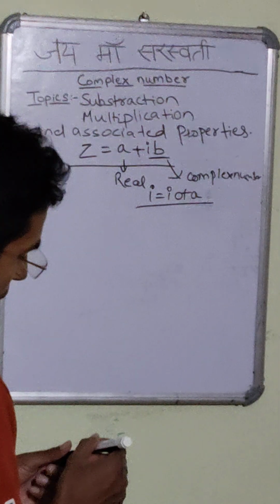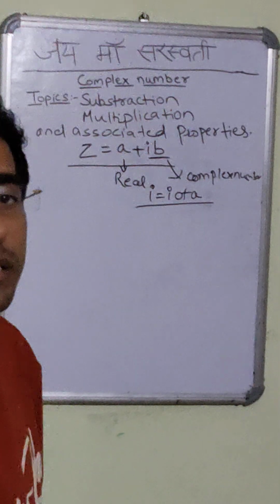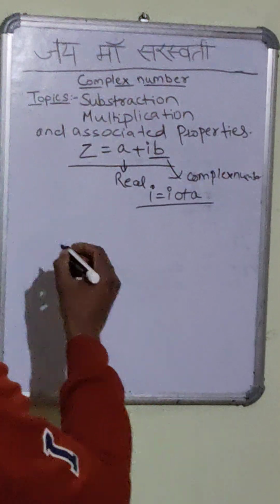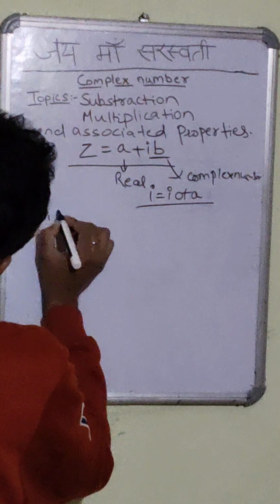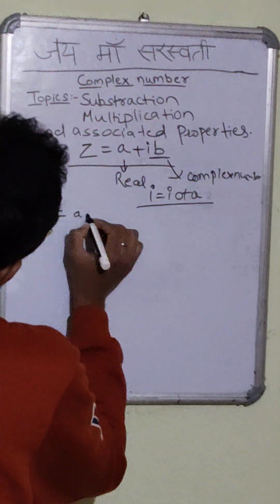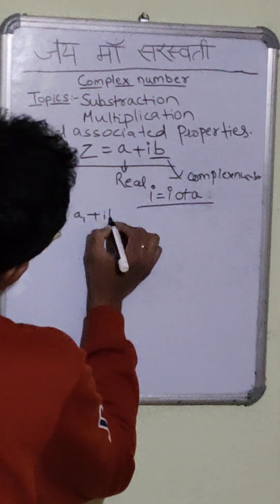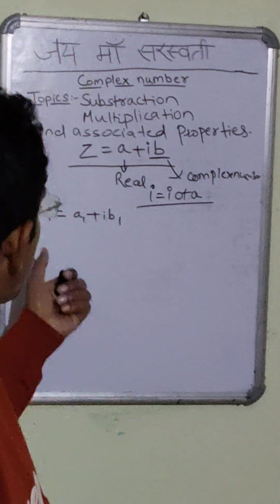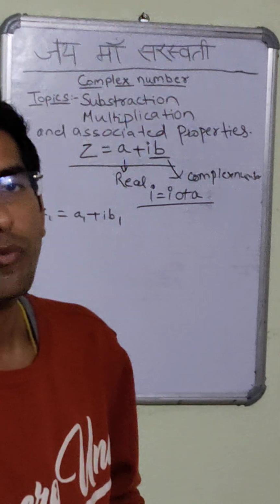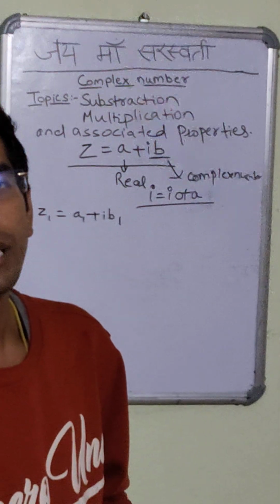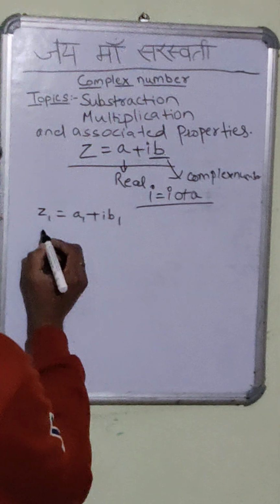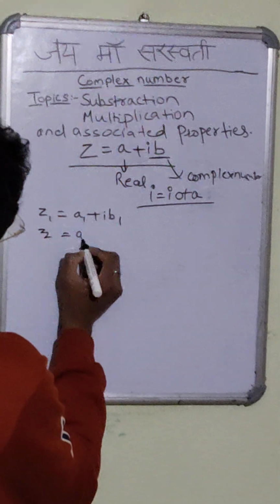If we consider the subtraction of two complex numbers, the first is z1, z1 is equal to a1 plus ib1, and z2 is equal to a2 plus ib2.